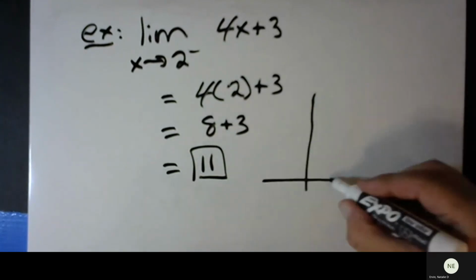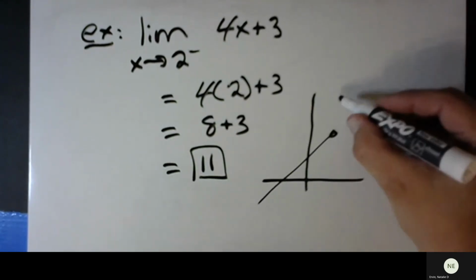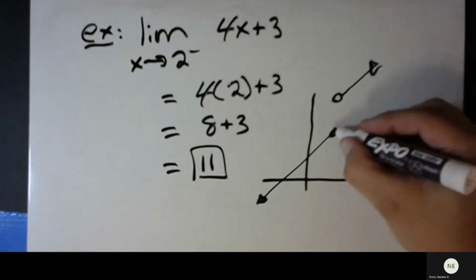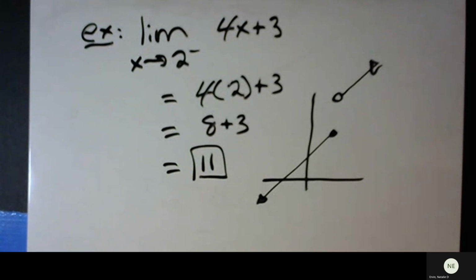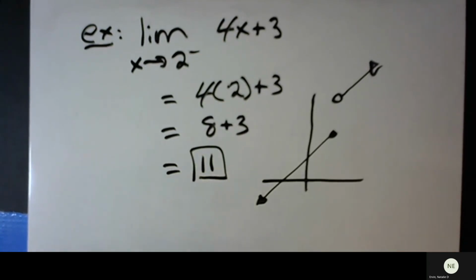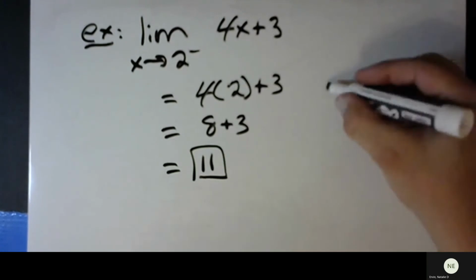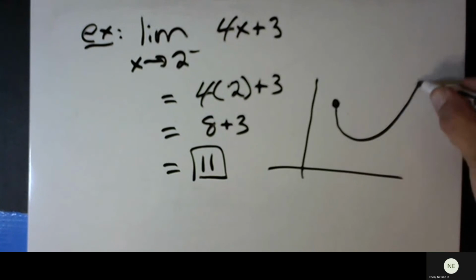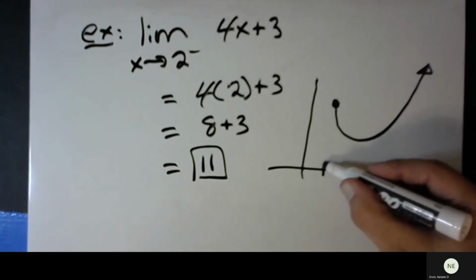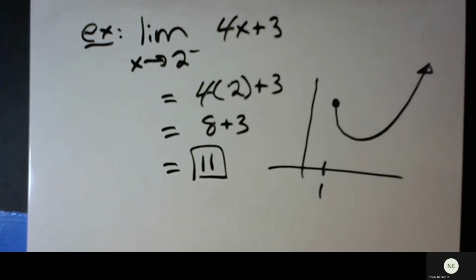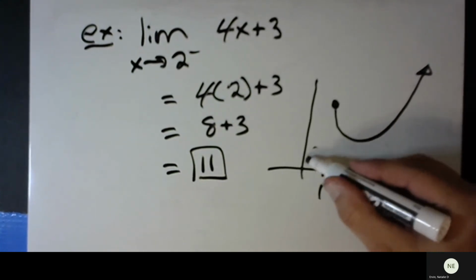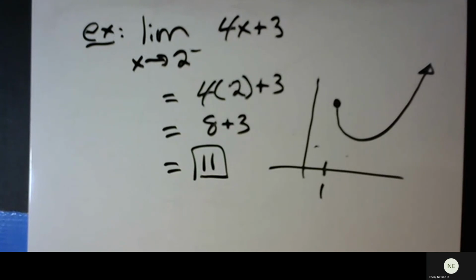You want to watch out for, say, something like this, where you're going to get that jump. Or just like that other example with the square root, you want to be careful with something that has a domain that stops, say at x equals 1. We do have a right side limit, but we don't have a left side. So we want to be careful of that.